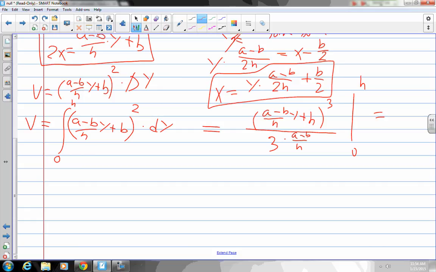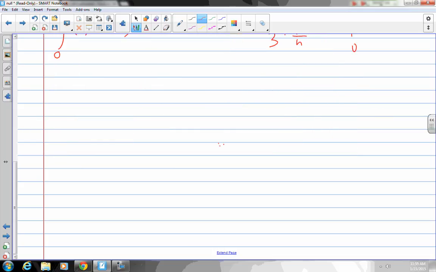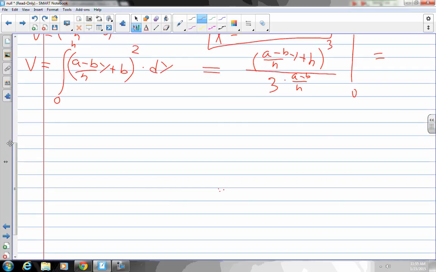So if I write it in more humane terms, what do we have? This whole denominator is what? If I flip it to put it up front, it's h on the top over 3 times a minus b.